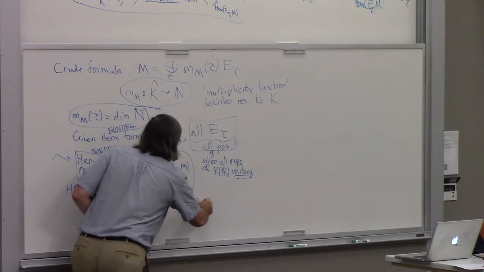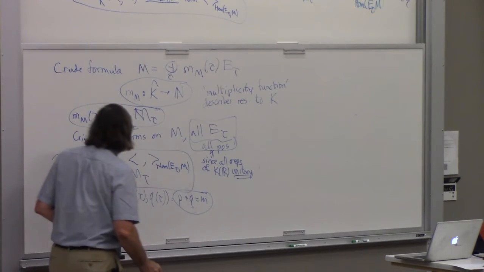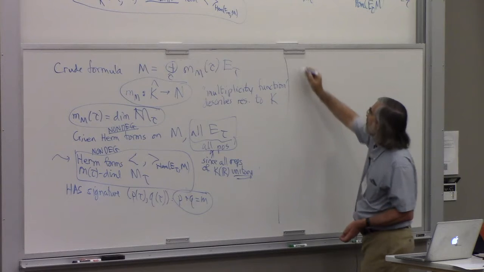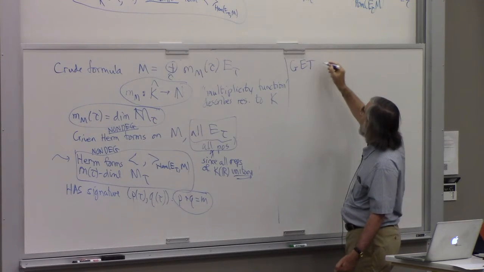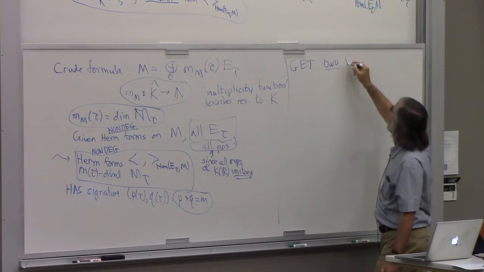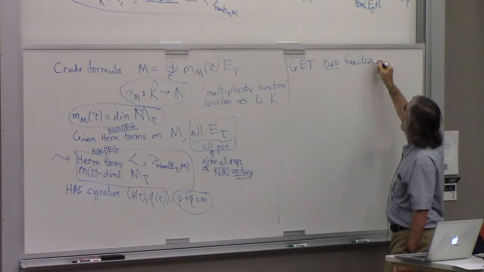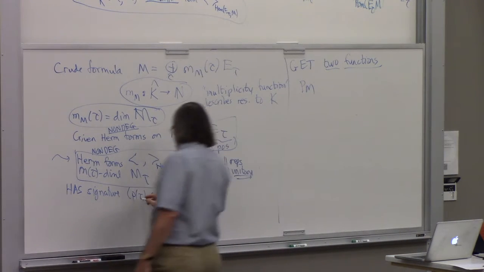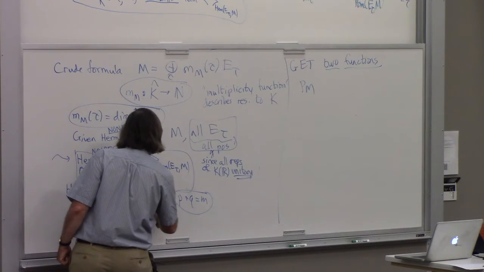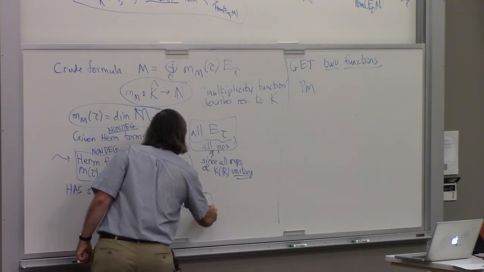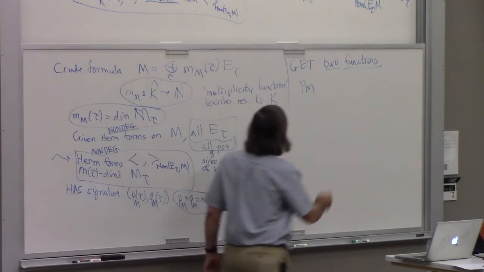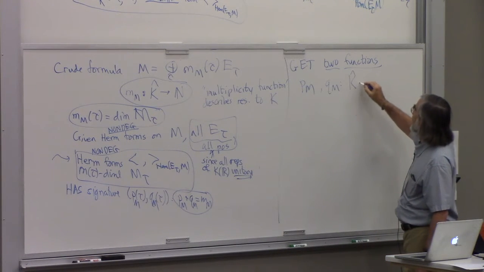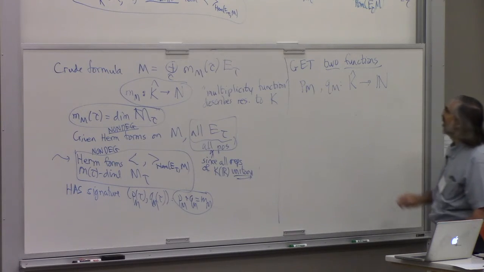So I get these two functions, which I should call PM and QM, that go from K hat to the natural numbers.